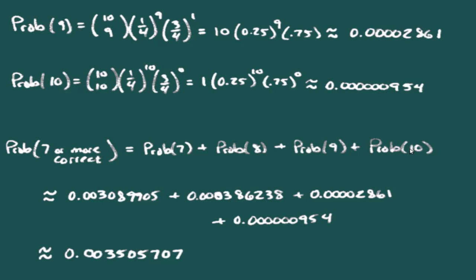So not even 1% of the time. Really just about 1/3 of 1%, or probably about 3 times for every 1,000 students that take these exams and just guess, will anybody get 7 or more questions correct just by guessing.